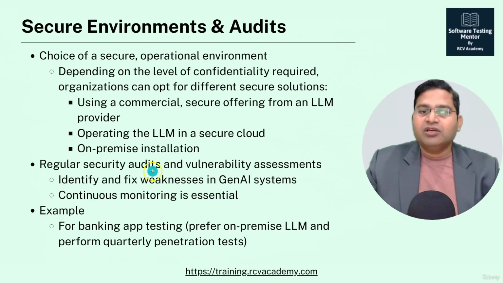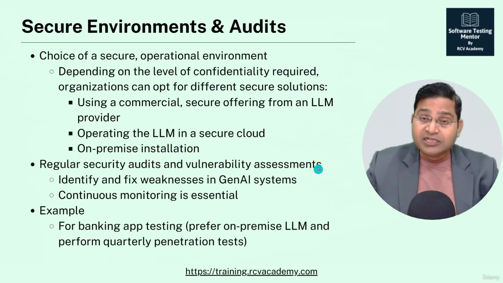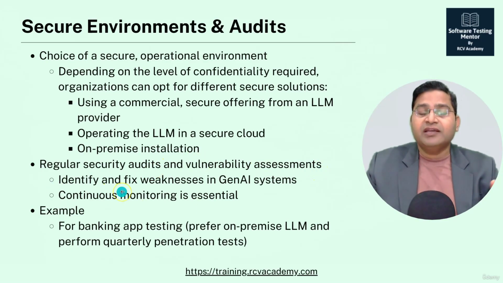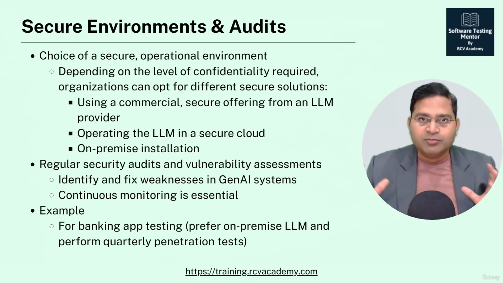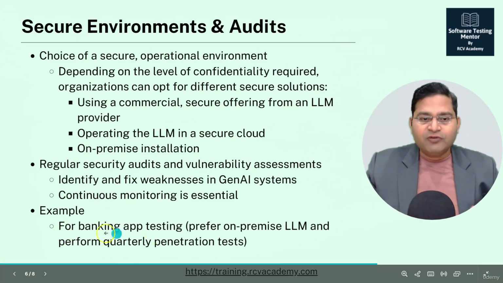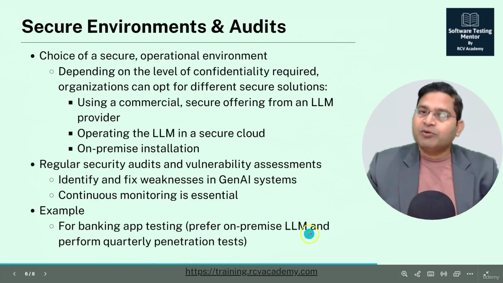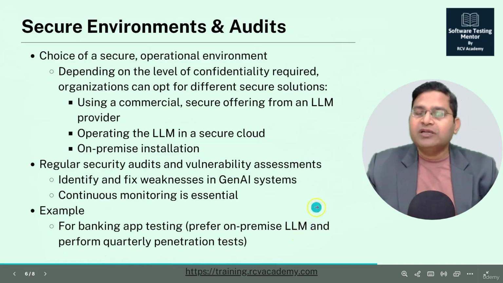Then regular security audits and vulnerability assessments become really important. Identifying and fixing any of the model weaknesses or Gen AI system weaknesses, continuous monitoring of those models becomes really essential. For example, for banking app testing, prefer on-premise LLM and perform quarterly penetration tests on the model.